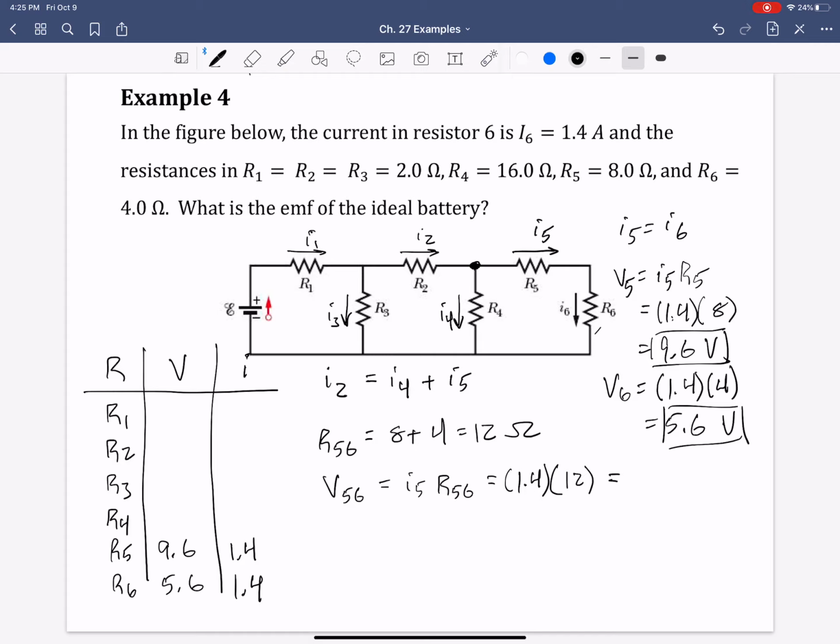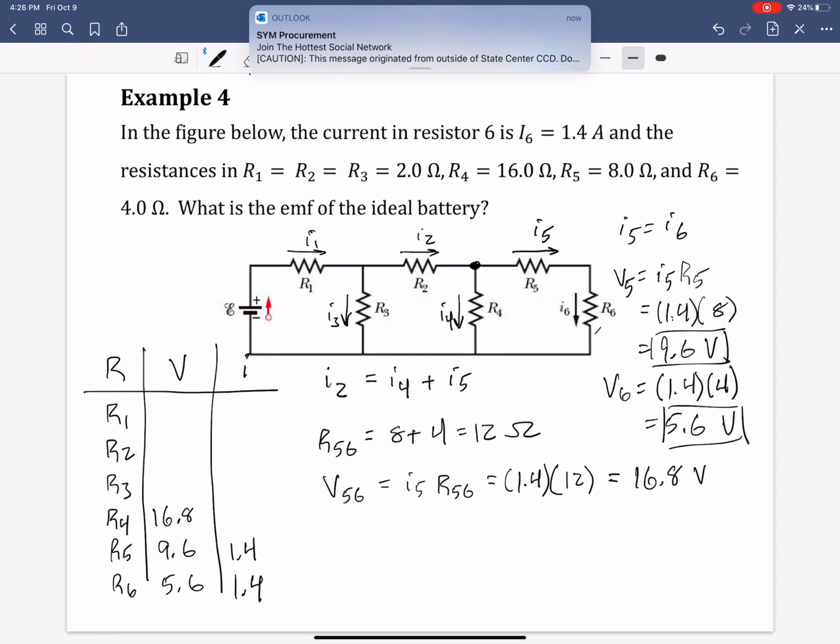I should be able to, but I can't. That is 16.8 volts. And that's the voltage across this segment, but it's also the voltage across this segment, which is the same as V4, so 16.8 volts.